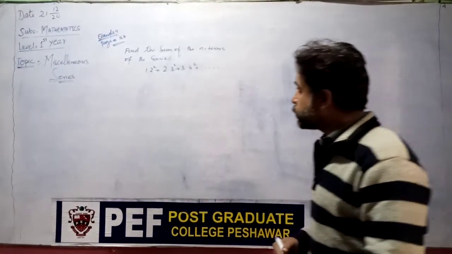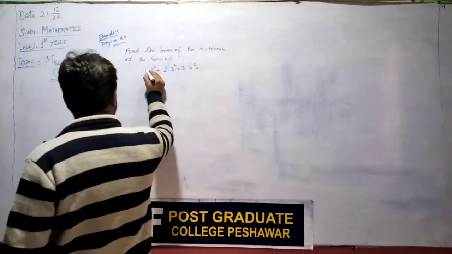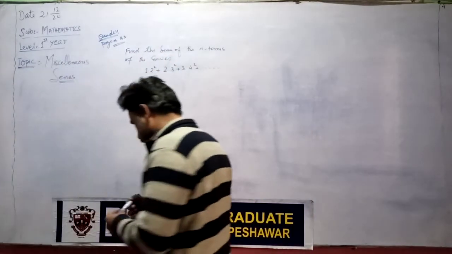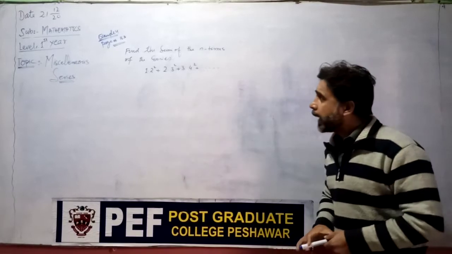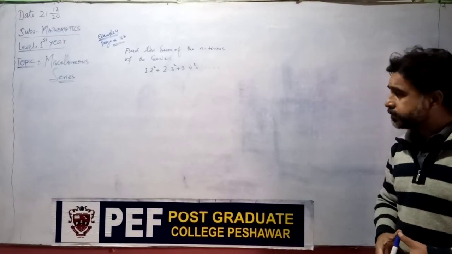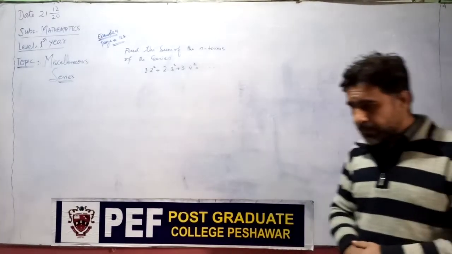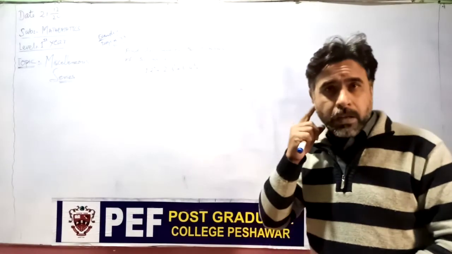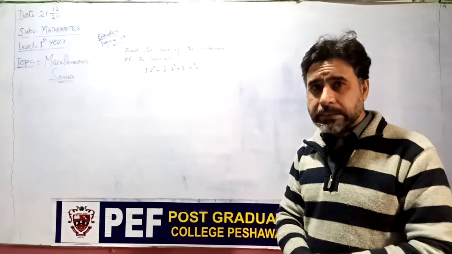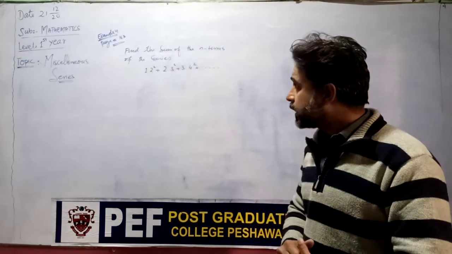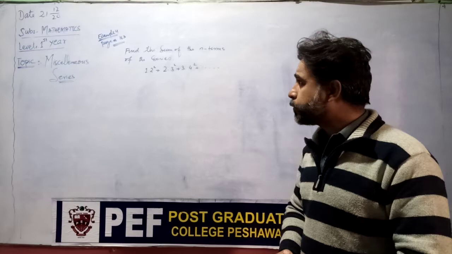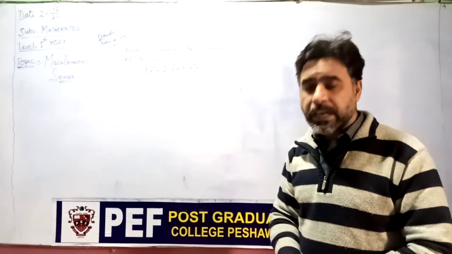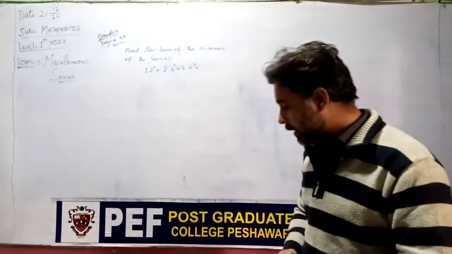Now, to find a formula for the summation of n terms of this series, first of all we need its nth term, and once we have that, it is easy to find the summation of the n terms of this series.